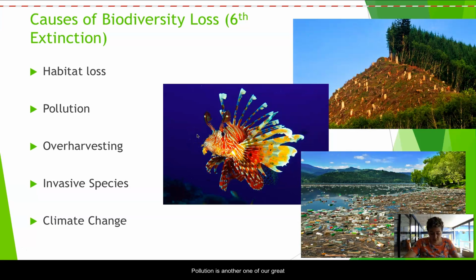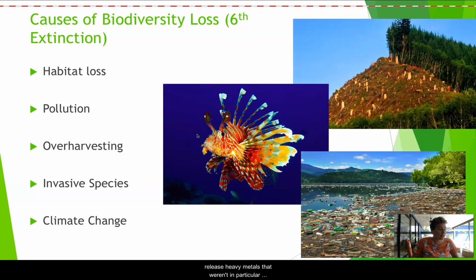Pollution is another one of our great impacts on species diversity and biodiversity. Air pollution, water pollution, noise and light pollution. Speaking of noise pollution, you may be able to hear an airplane right now. They can all have significant impacts on biodiversity, on plants and animals.